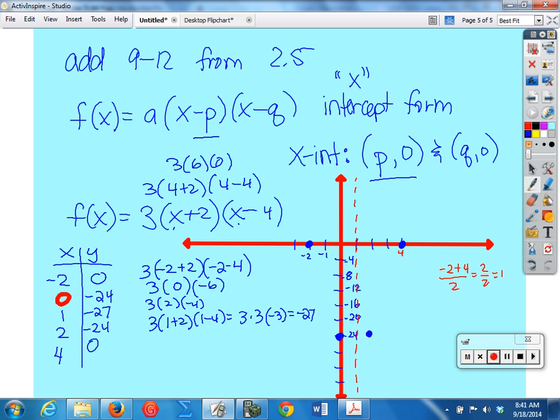He knew that if you went over 1, you'd have to go up 3 because the A was 3. So since this was on either side of it, it should go over 1, up 3, over 1, up 3. So he knew that without plugging it in. So there's your graph right there. Now, of course, I can check this by going to my calculator.